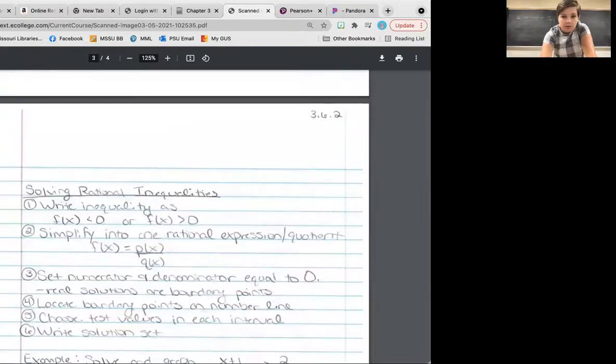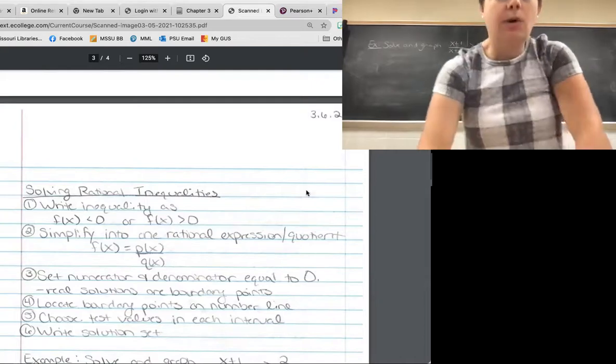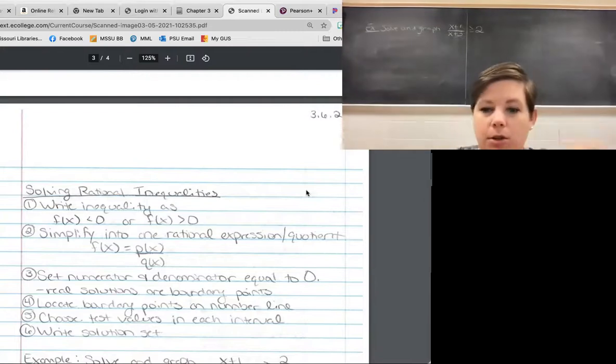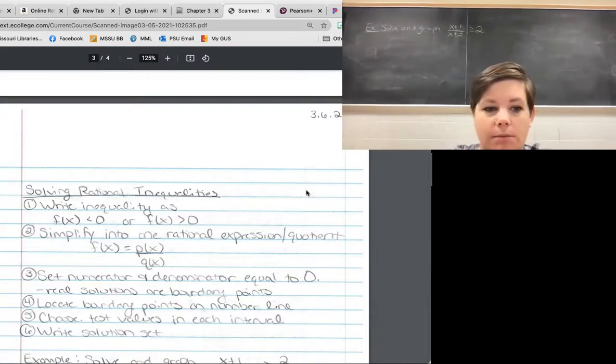So if you are going to solve rational inequalities, the first thing you're going to do, same as the linear or the polynomial ones, is get everything on one side and have 0 on the other side. Then you're going to simplify it into one rational expression or quotient. Then you're going to set the numerator and the denominator equal to 0.